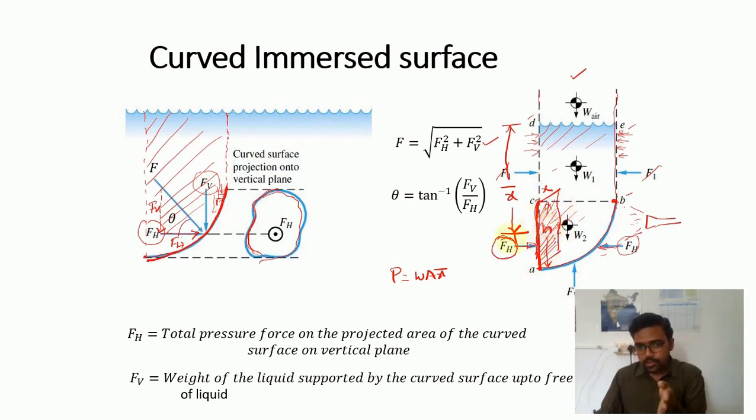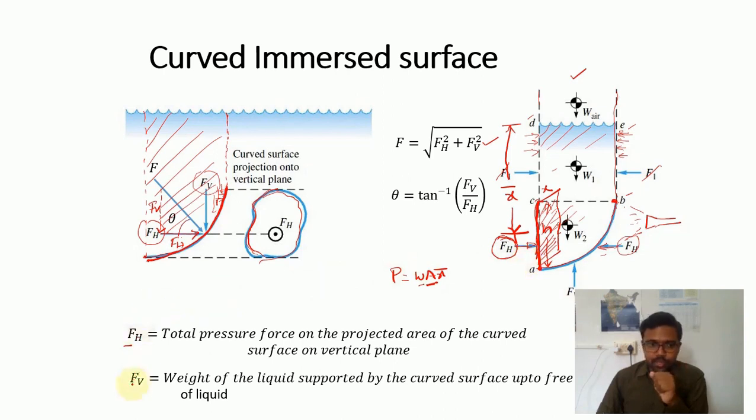So x into h will give us the projected area A, and the specific weight of the liquid standing here, w A x bar, will give us the total pressure force on the projected vertical plane, that is equal to the horizontal component of the force. Very simple, we already know it.